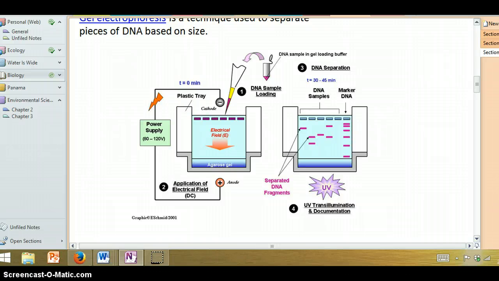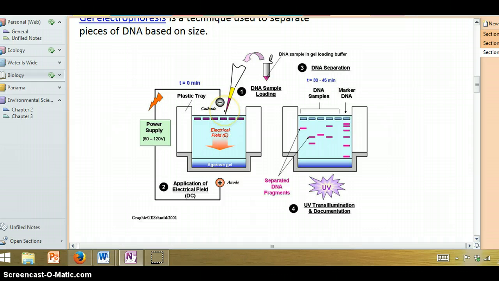So what you do is you've got your sample of DNA that has been cut up into small pieces. And some pieces are larger than others. Some of the pieces are really small, some are kind of large, and some are in between. And what you do is you load them into the gel, and I'll show you how this is done.